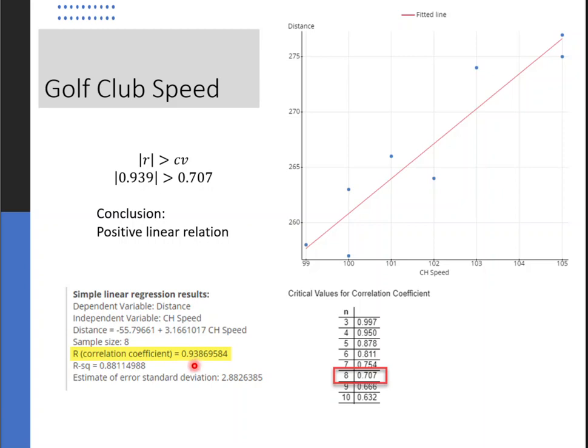Again, we said that a 0.939, anything close to 1, is going to be a strong relationship. And then finally, we have this other method that should give us the same conclusion by using the critical value table to evaluate it against the correlation coefficient that technology is calculating for us.